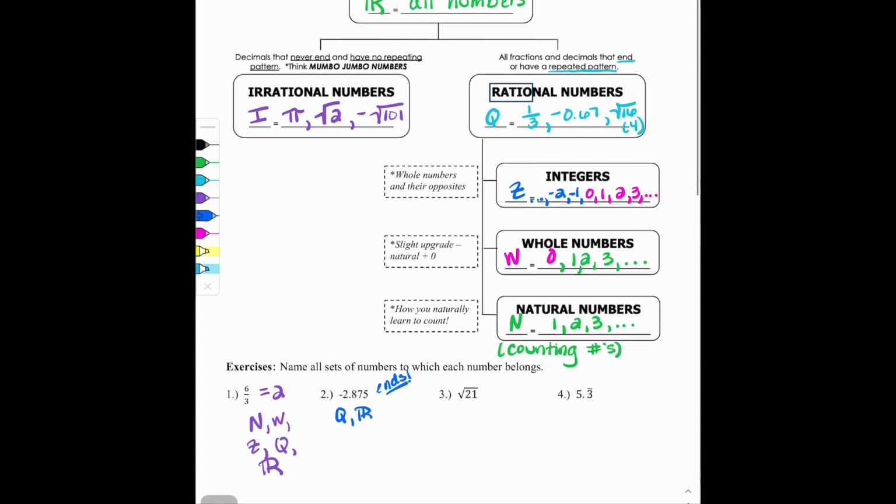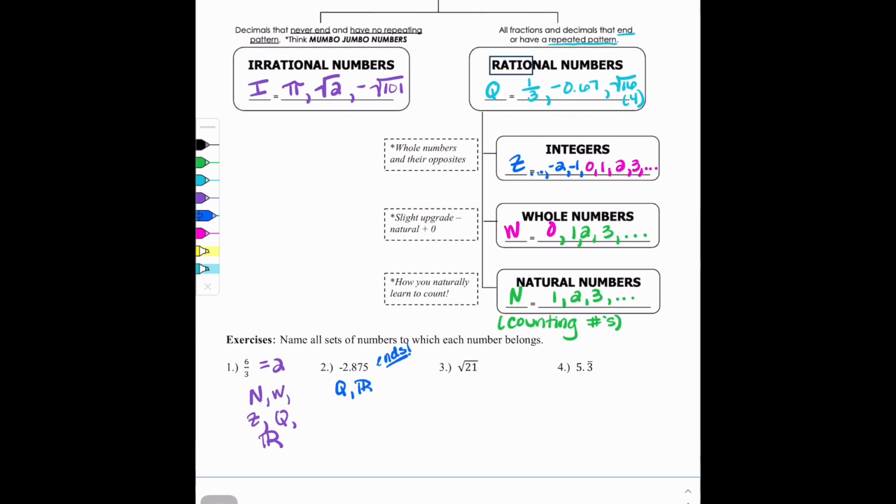So this is irrational, but also a real number. And if you want to put a little note here, this is a non-perfect square that you are taking the square root of, which is why it's irrational.